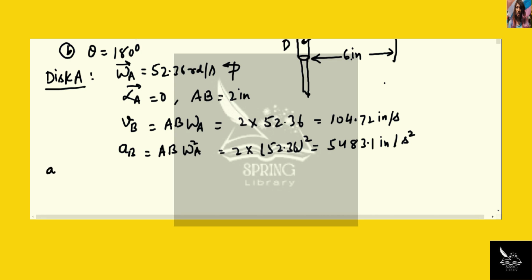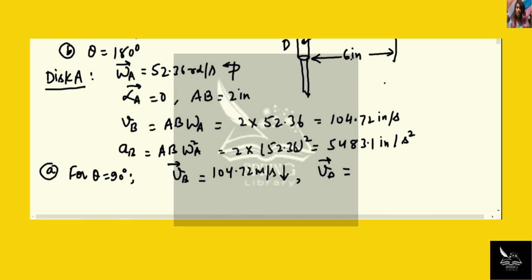Part A, for theta to be 90 degrees. The velocity of B, if you write, will be 104.72 inch per second in the downward direction, and the velocity of D is in the downward direction.